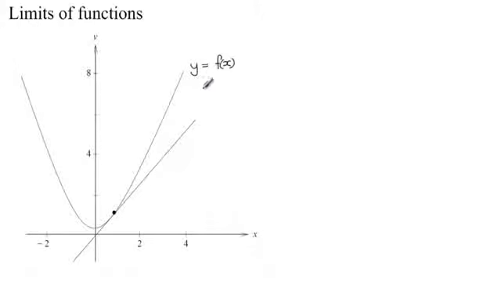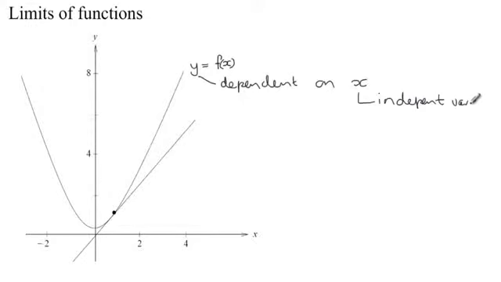So y becomes dependent on x, and x is an independent variable. Variable meaning it freely changes values, in this case along the real number line.